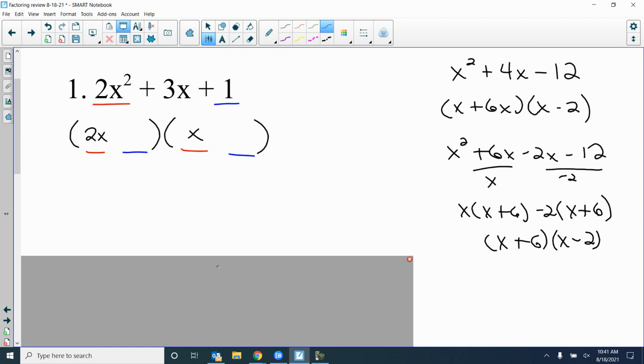For this whole thing to multiply to get a positive 1 and the middle number to be positive, these both need to be positive. All right. Now the question is, is it right? How do you test to see if it's right? You FOIL it. You multiply it back together. Now here's going to be a difference between any 2 people in here.